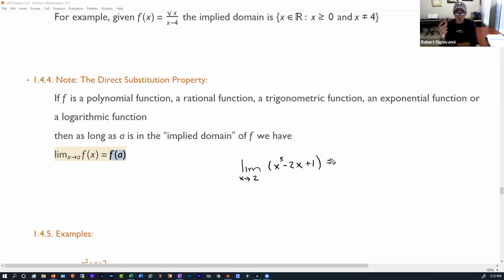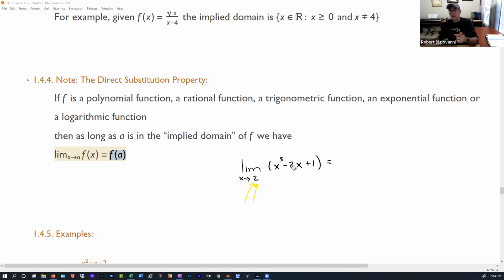What the direct substitution property says is that if this is a polynomial, rational function, trig function, exponential function, log function, which in this case, it's a polynomial, then as long as the number we're plugging in is in the domain of this function, the answer is just what you get when you plug 2 in here.